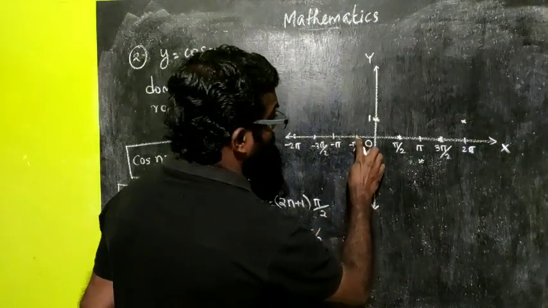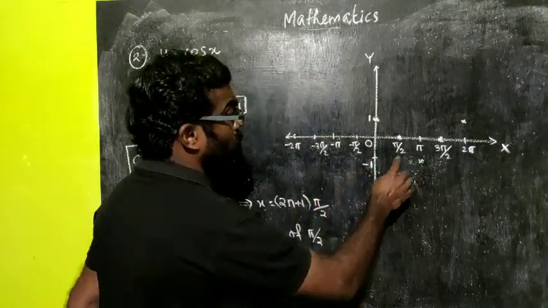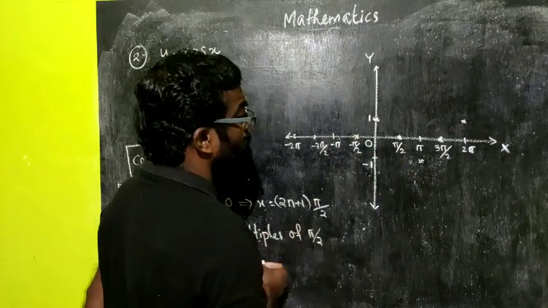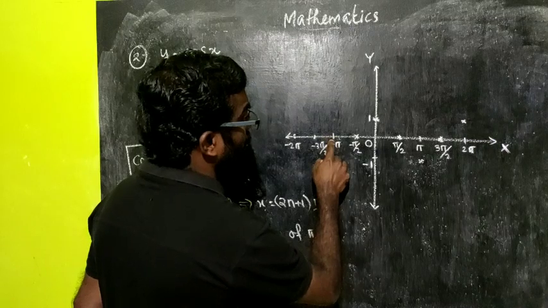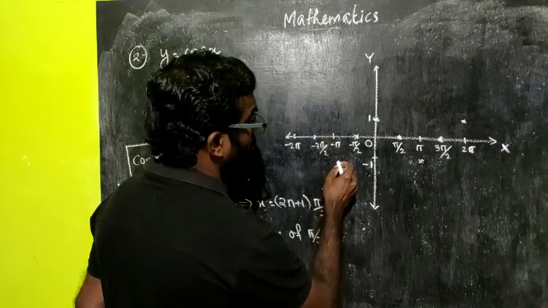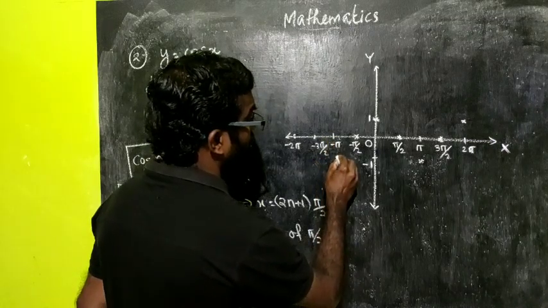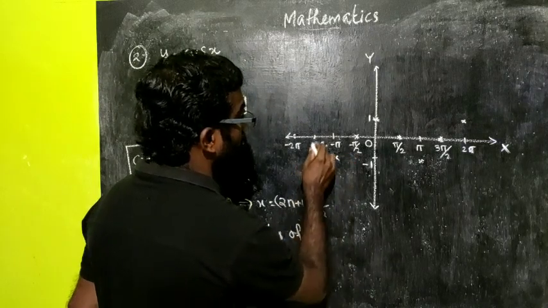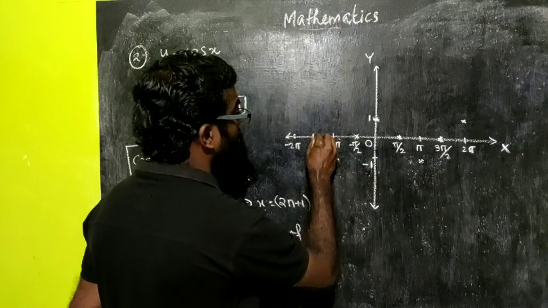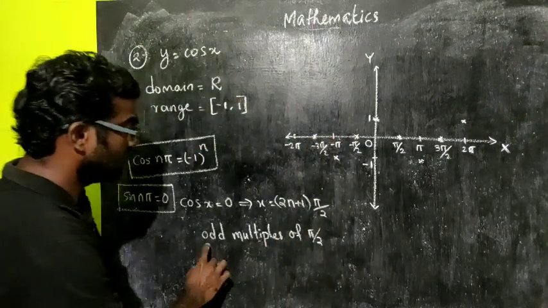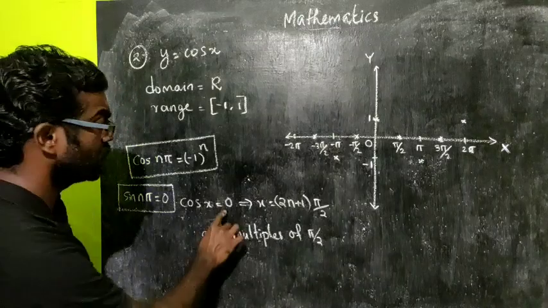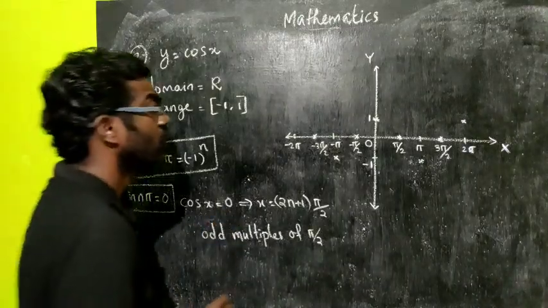Then cos of minus pi by 2. Cos pi by 2 is 0, so cos minus pi by 2 is also 0. Then cos of minus pi is minus 1. And cos of minus 3 pi by 2 is again 0, because for all odd multiples of pi by 2, the value of cos x is 0.